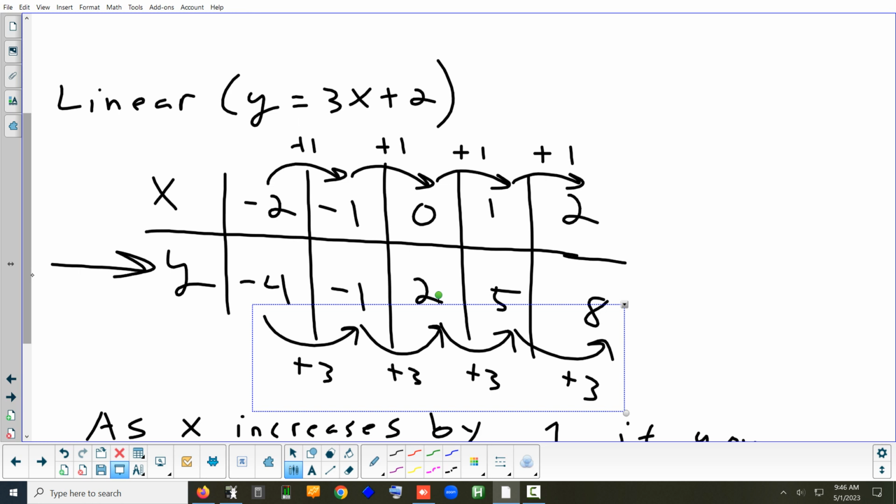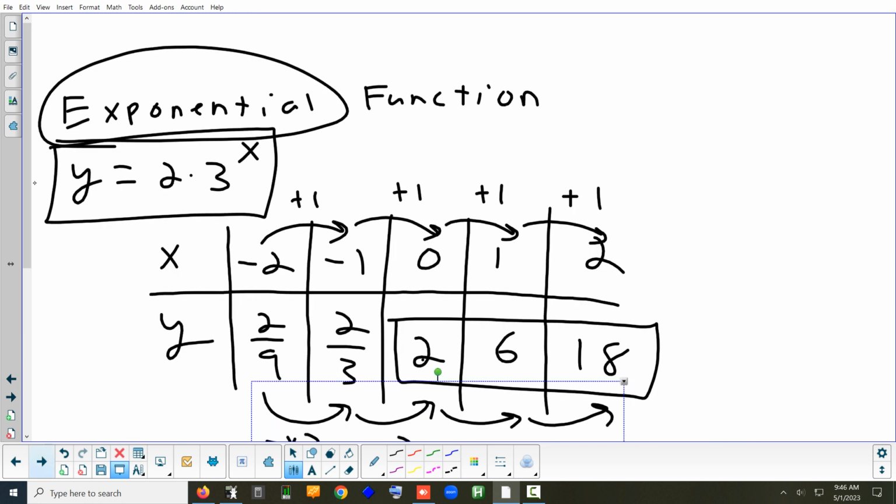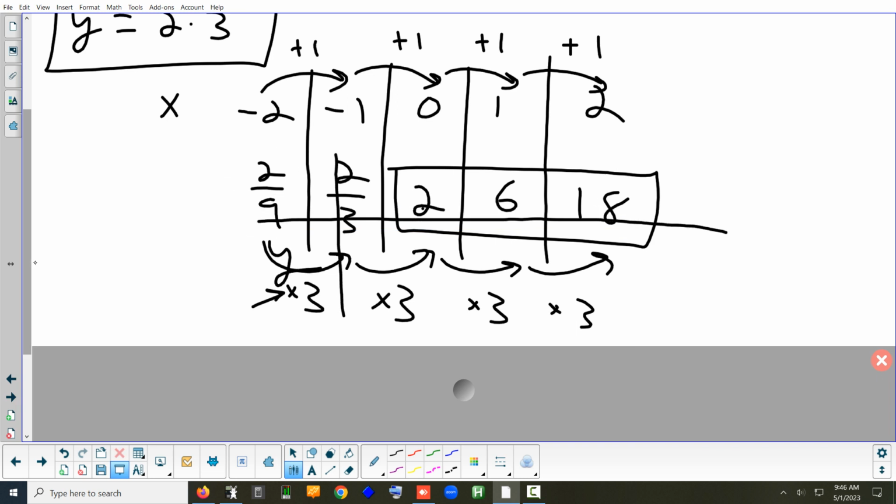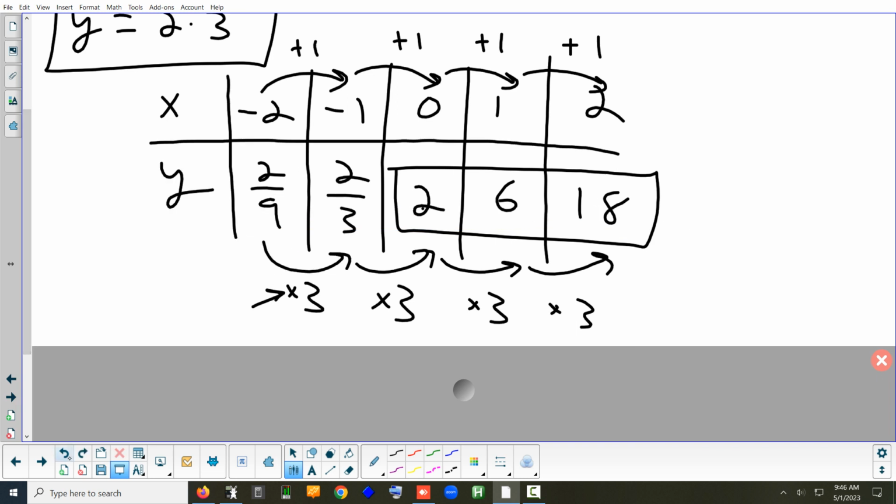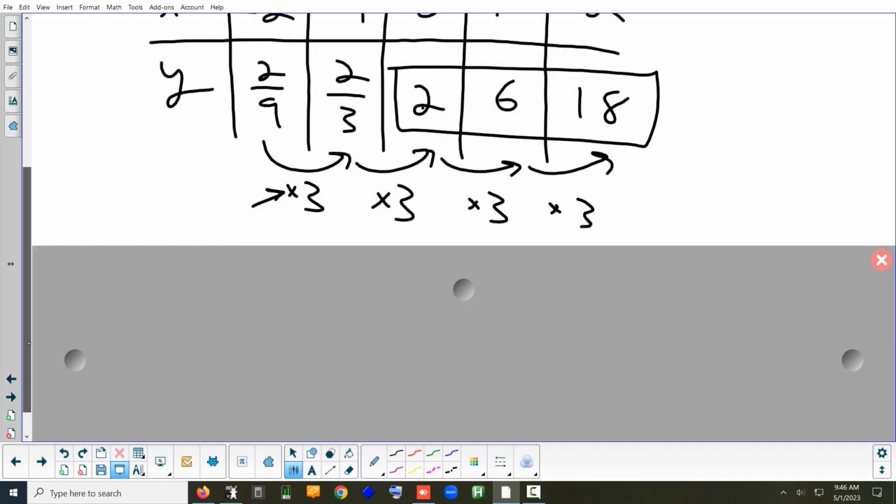If the pattern involved adding, that's going to give us linear. It's going to give you a straight line. So if the pattern is adding, straight line. If the pattern is multiplying, curve. Okay, so you got to figure out what the pattern is. That's the first thing we have to do.